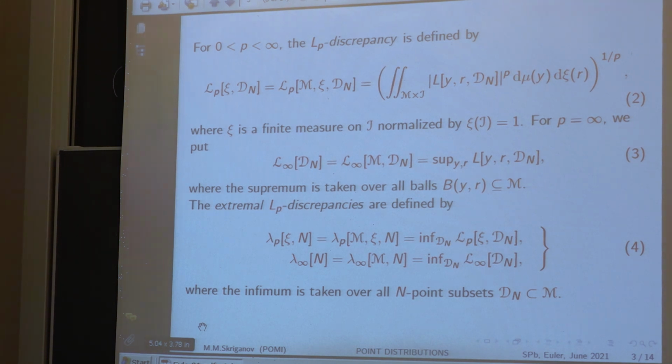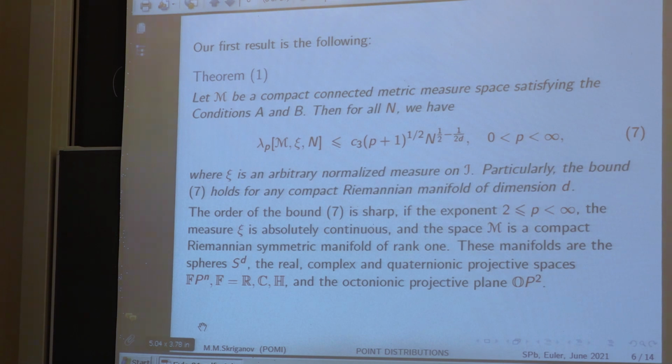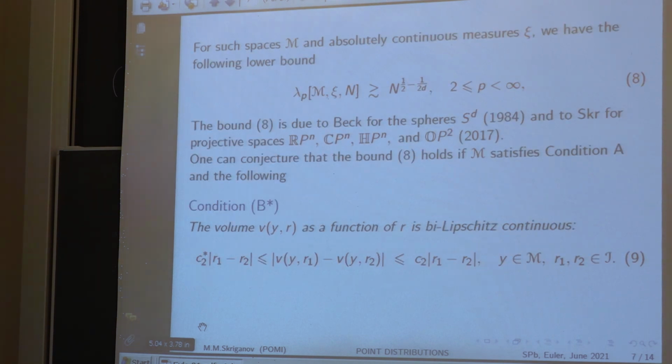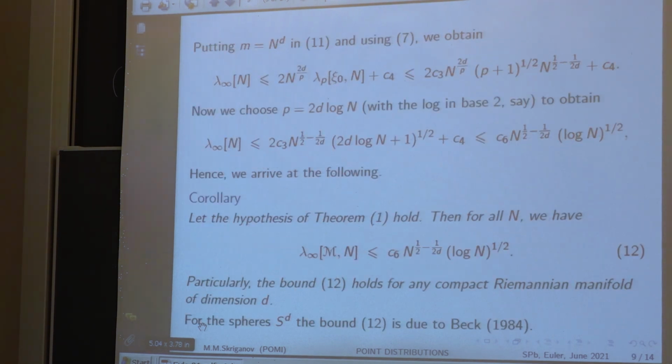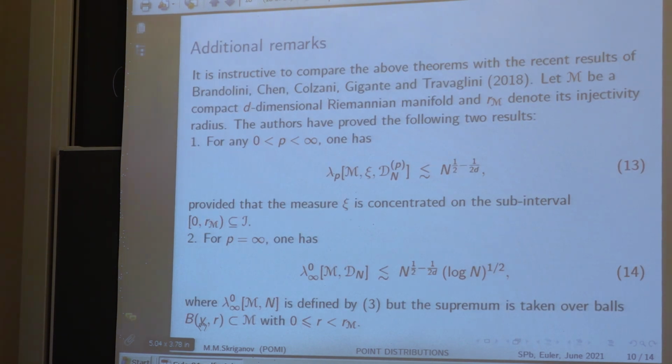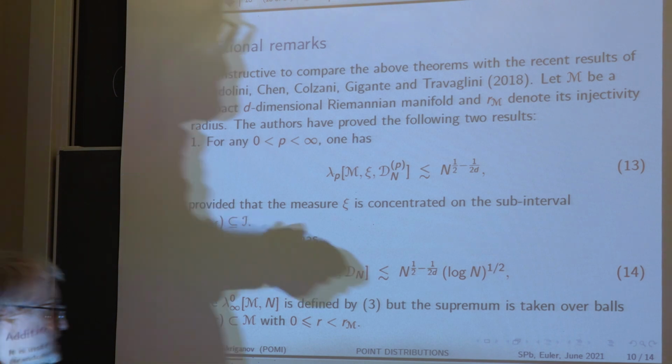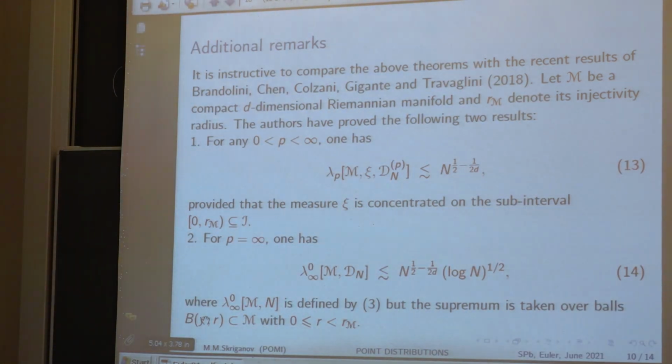For some spaces, the radius of injectivity can be equal to the diameter of the ball. For example, for the sphere, it's clear.